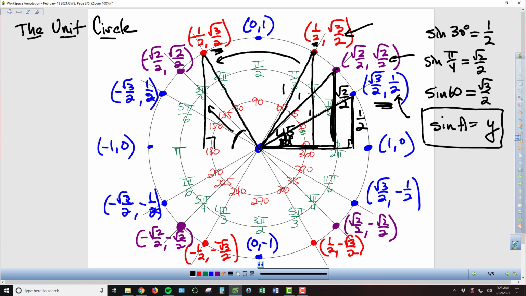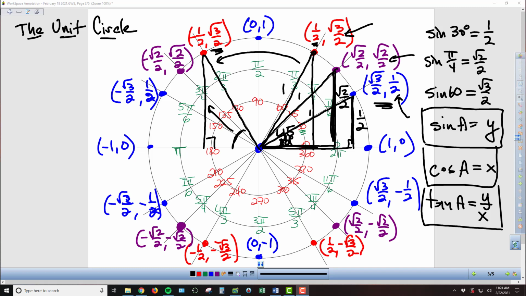Well, it's going to be the x coordinate. So cosine of some angle A on the unit circle, we know what its cosine is without having to touch a calculator by just knowing what the x coordinate is. And the tangent of an angle A is going to be the opposite over adjacent, or the y-coordinate over the x-coordinate.